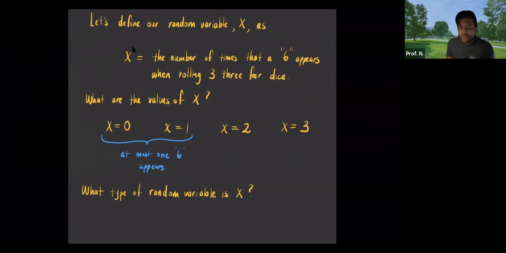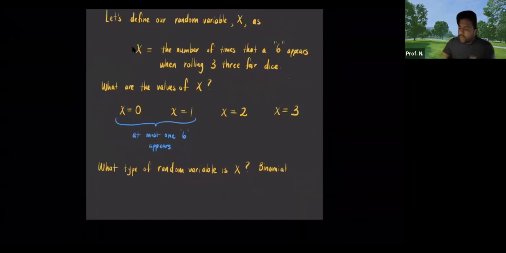So it's either a Bernoulli or a binomial. The reason why it's not a Bernoulli is because we're applying multiple trials. Rolling one fair dice, you can consider it as a Bernoulli, but we're rolling 3 fair dice. So this should be a Bernoulli. I mean, binomial, pardon me. It's a binomial random variable.